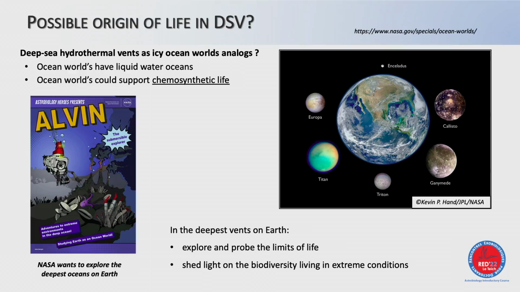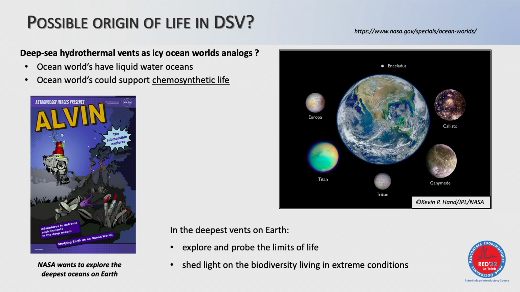But not only on Earth. If you want to understand, for example, the origins of life or possible origin of life in icy ocean world analogs, extremophiles are the main microbes you can be interested in. So NASA was really interested in deep sea vent ecosystems because we know that different ocean worlds have liquid water oceans, but also, thanks to the rocks in the underground, they can support chemosynthetic life.